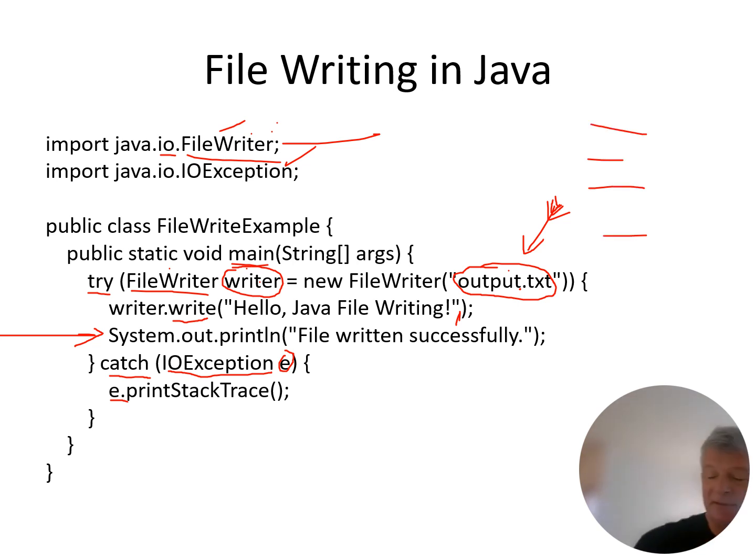So we're going to figure out a way to add things to it, because you don't want to keep overwriting your files. So I'll show you how to append to a file.